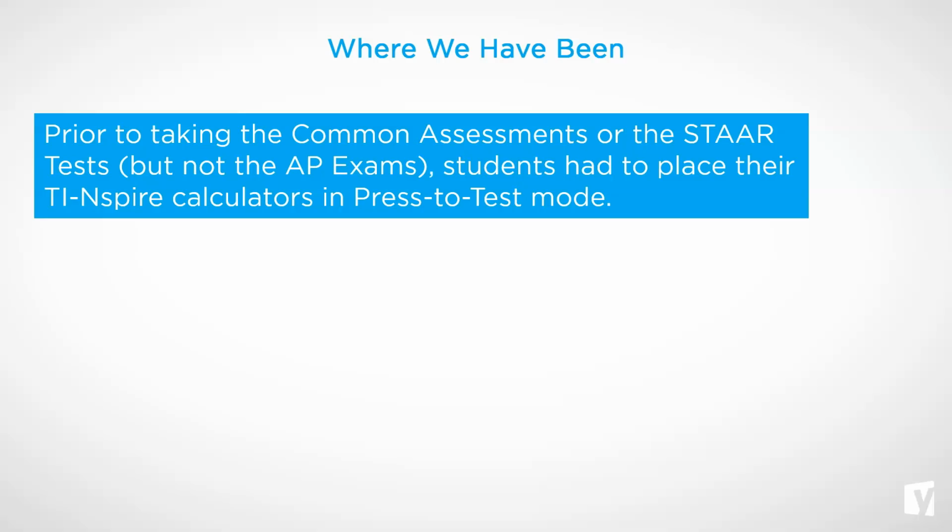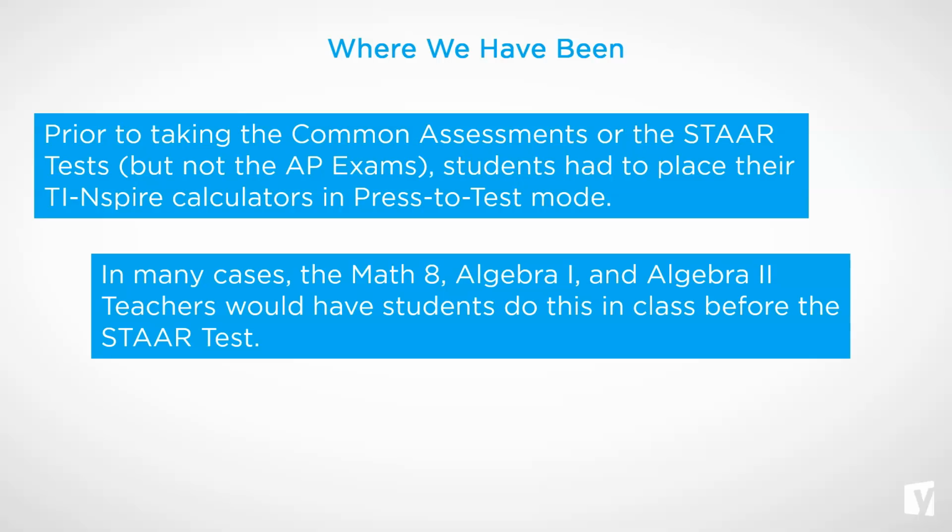So where we've been. Prior to taking the common assessments or the STAAR tests, but we don't do this for AP exams, the College Board does not have this expectation, students had to place their TI-Nspire calculators in Press-to-Test mode. In most cases, this was happening in class days before the assessment was taken.